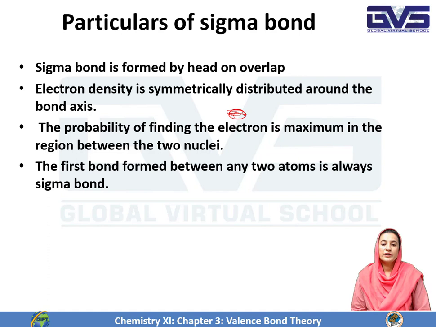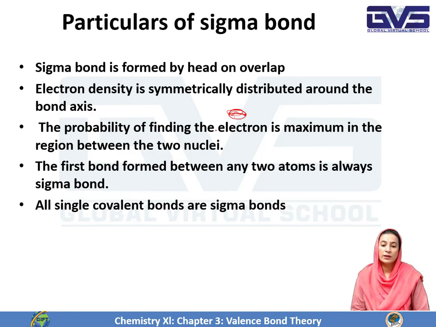The first bond formed between any two atoms is always a sigma bond, whether it is between s and s, s and p, or p and p. All single covalent bonds are sigma bonds, like H2, H and H with one bond, HF, F2.